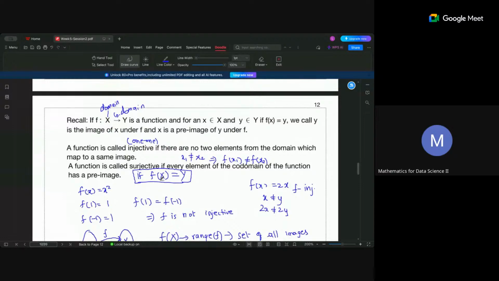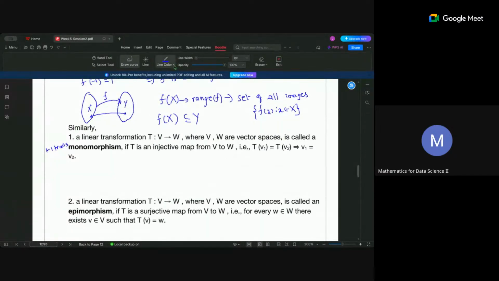So see, for one-to-one there are so many different ways to say the same condition. One way is to say v1 not equal to v2 implies T of v1 not equal to T of v2. Or you can say T of v1 equal to T of v2 implies v1 equal to v2. There is one more way. Does anyone know? There is one more way that is only for linear transformations.